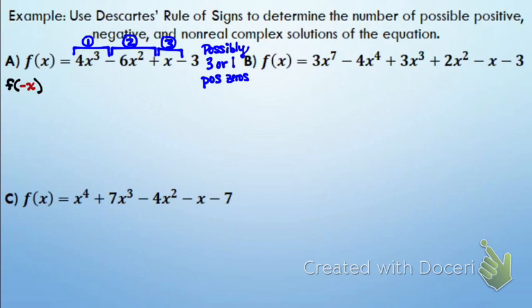Now we're going to substitute in negative x. We're going to simplify, and then we'll go through and count again. So I have 4 times negative x cubed minus 6 times negative x squared plus negative x minus 3.